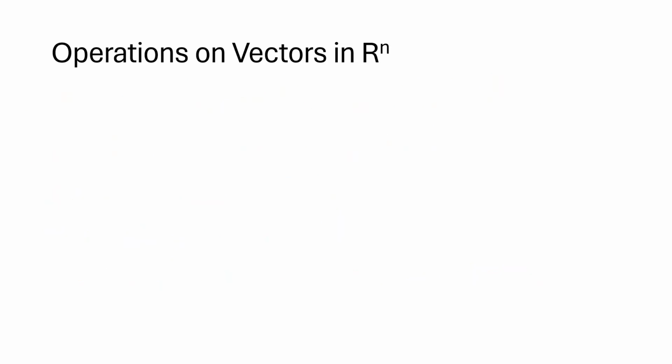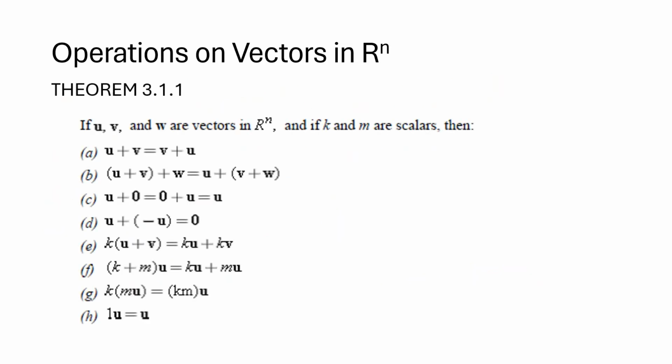So we have these properties of vector operations. This is Theorem 3.1.1. If u, v, and w are vectors in R^n, and if k and m are scalars, then u plus v is equal to v plus u.